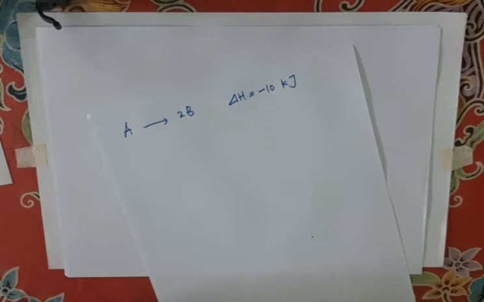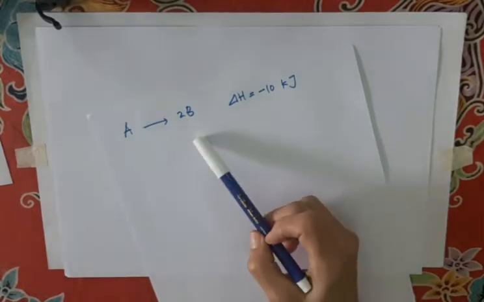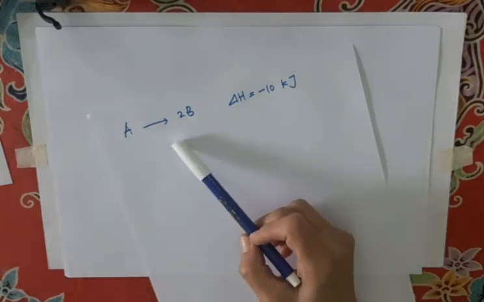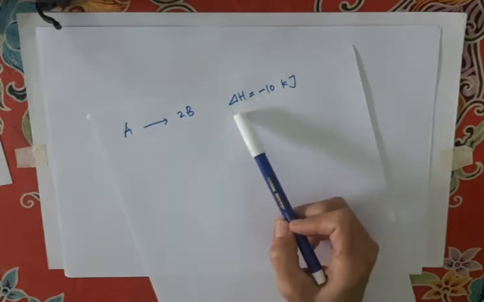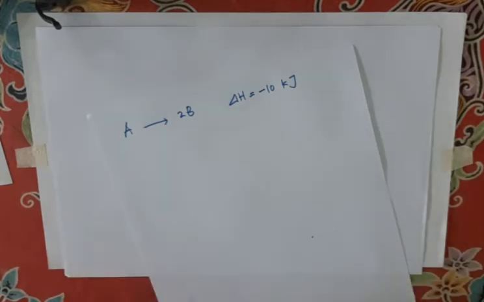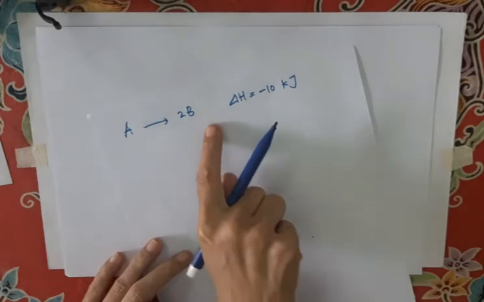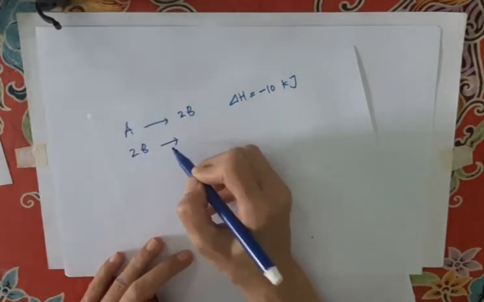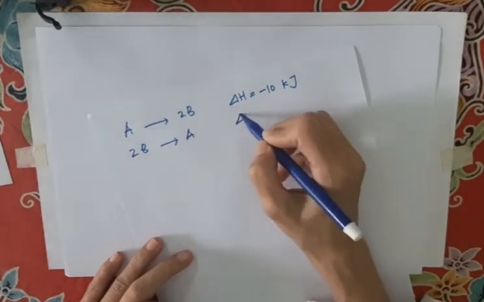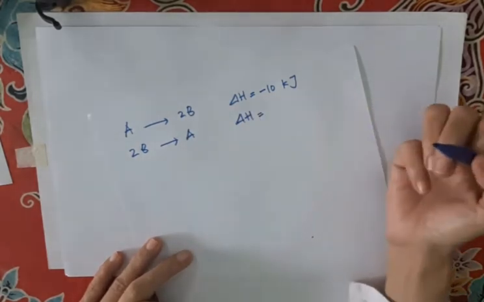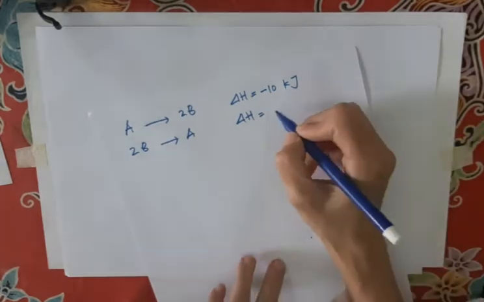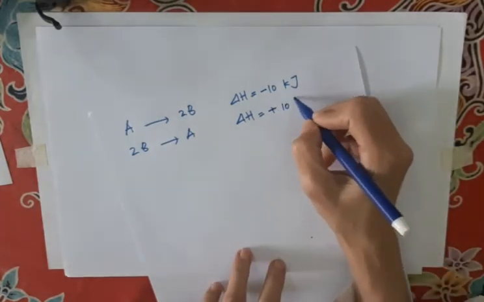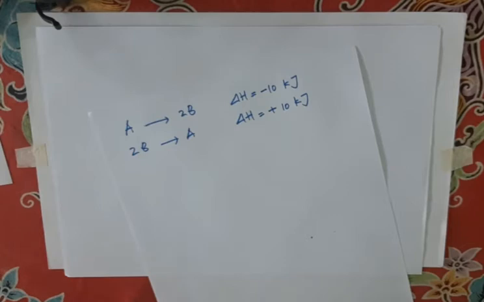When a thermochemical equation is reversed, the sign of delta H is also reversed, from negative to positive or vice versa. So when you want to reverse this into 2B turns to A, the value of delta H will be plus 10 kilojoule.